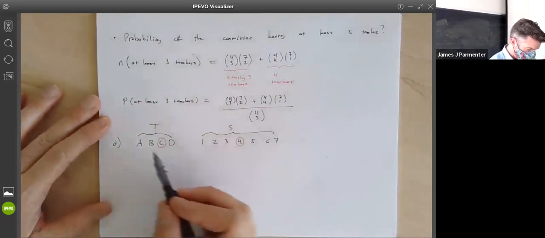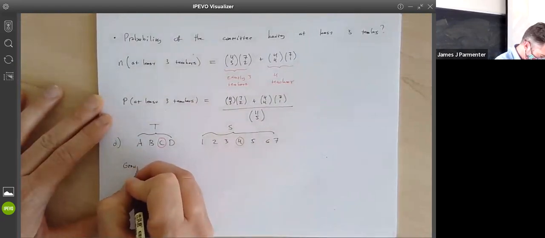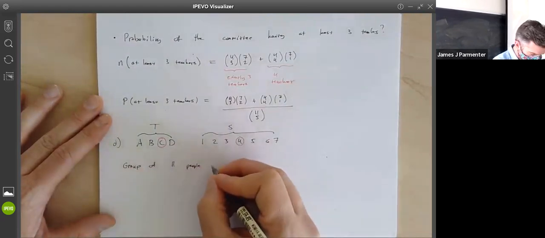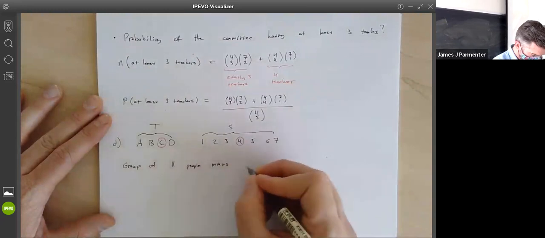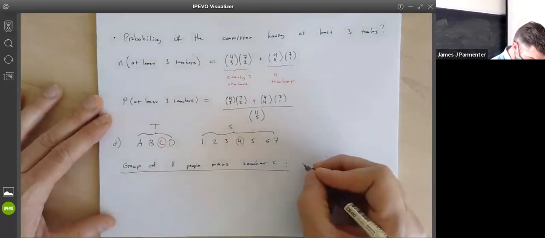I can either look at the whole group of 11 people minus teacher C. So that group has 10 people in it.